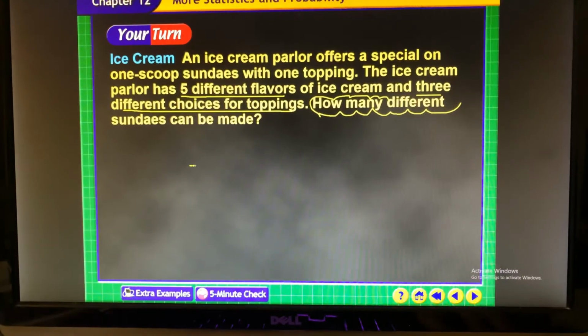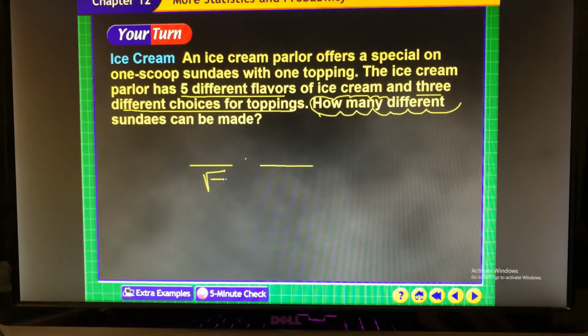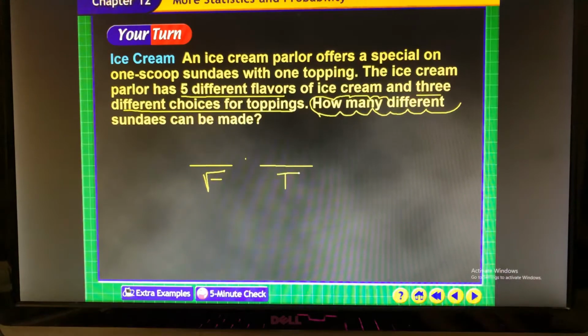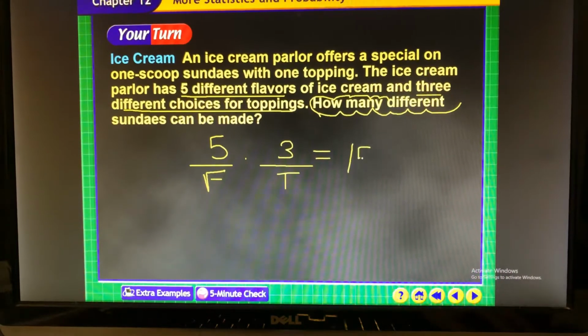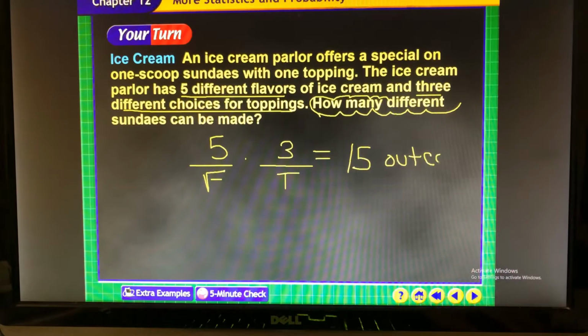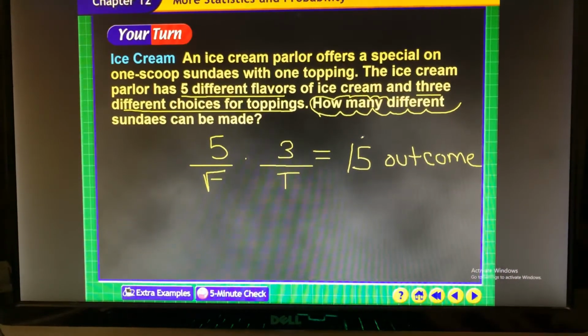So I get to do 2 things. I get to pick the flavor, and I get to pick the topping. There are 5 flavors, 3 toppings. There are 15 different possible outcomes. Key words: how many different sundaes can be made? 15.